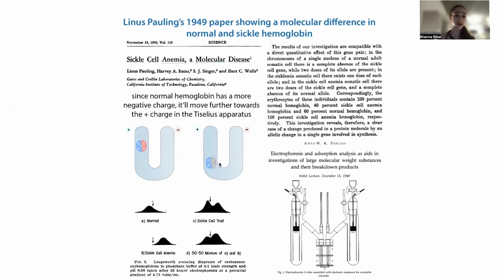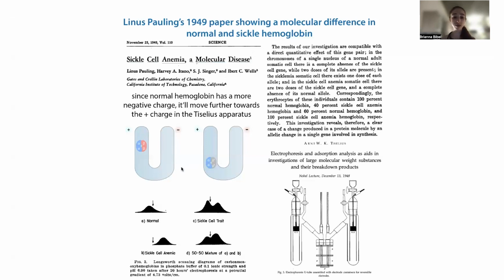And so Linus Pauling actually used this technique to characterize how normal hemoglobin and sickle cell hemoglobin differed. Because of this mutation, sickle cell hemoglobin is less negatively charged, more positively charged. Therefore, the normal version is more negatively charged, so it's going to move further towards the positive charge.